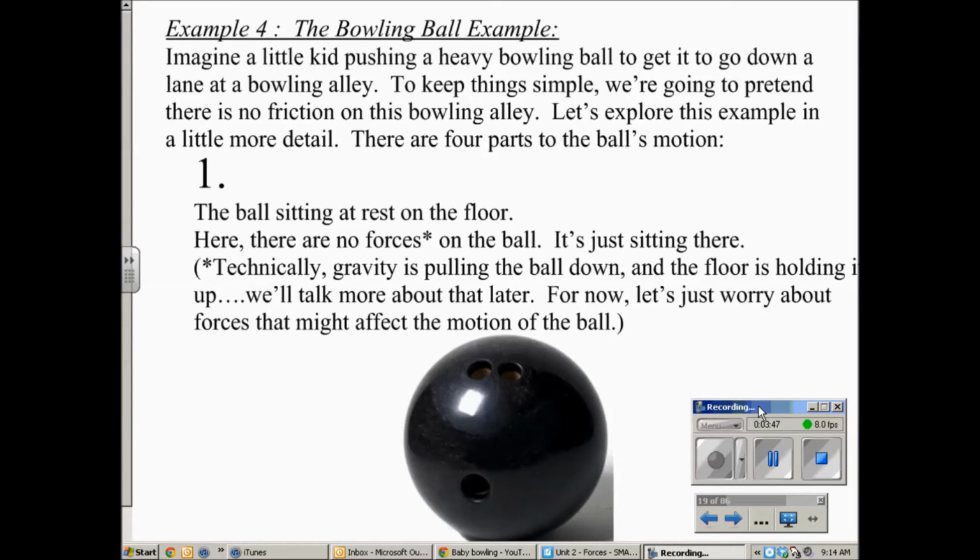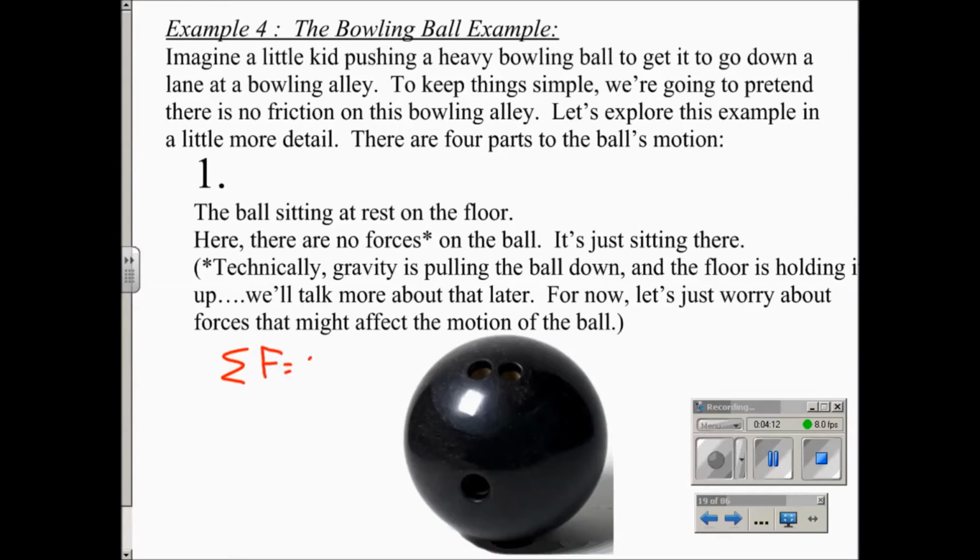Okay. So to keep things simple, we're going to assume there's no friction. We're actually going to learn about friction in a couple days. So for now, all of our examples are going to be frictionless unless it says otherwise. All right, so we're going to explore this example in a little bit more detail. So the first thing that happens is the kid sets the ball at rest on the floor. Once he sets it down, there's no forces on the ball. It's just sitting there, right? And as a result, that means your net force is going to be 0.